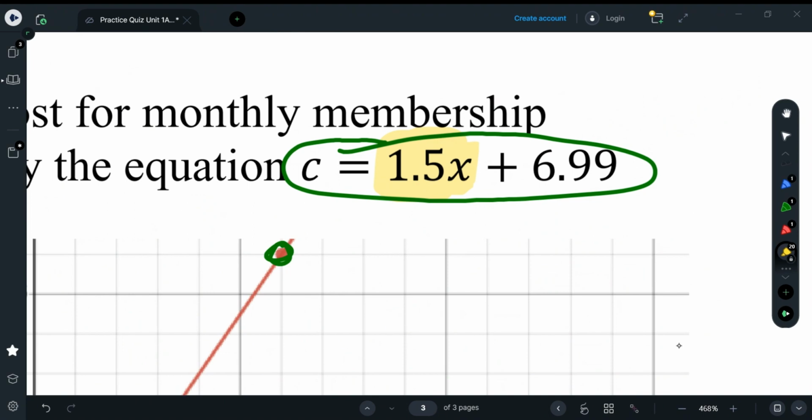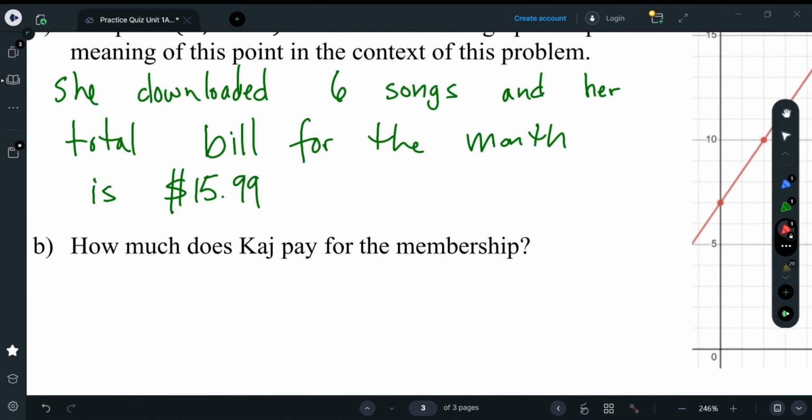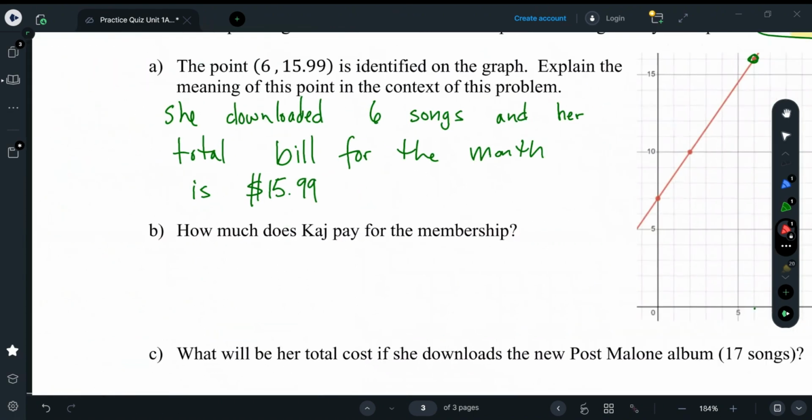We can see here that this price is $1.50 per song that she downloads, okay? So that can change each month depending on the number of downloads. But this right here, this is the flat rate fee. So that's the membership fee. Right over here it says how much does she pay for the membership? That's the $6.99.